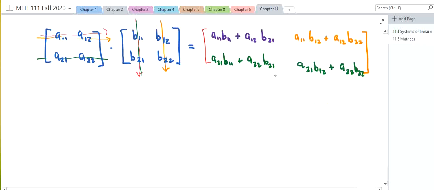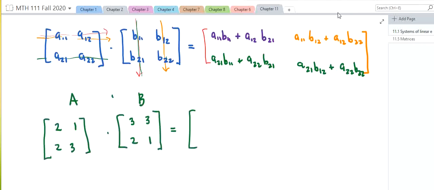And of course you want to simplify this stuff. So let's do this with actual integers as elements. A times B here, we have these two matrices multiplied by each other. Again, I'm going to take the first row, operate on the first column. So it's 2 times 3 plus 1 times 2, and then 2 times 3 again, only it's this 3, 1 times 1, plus 1 times 1.